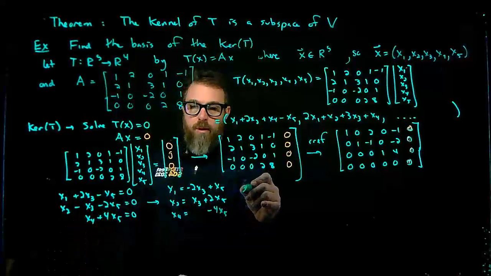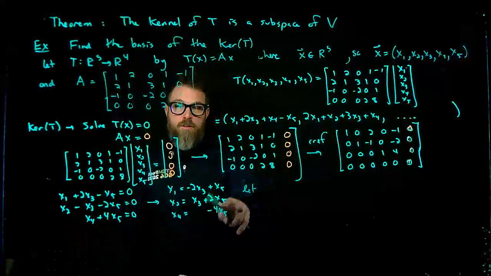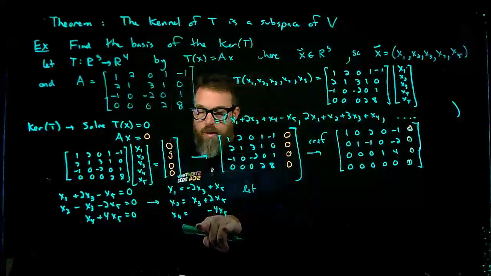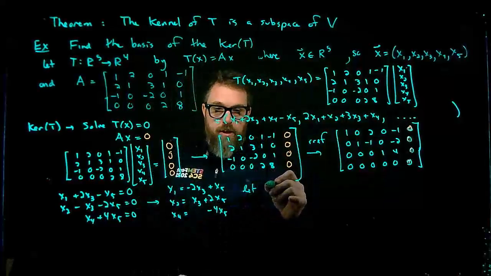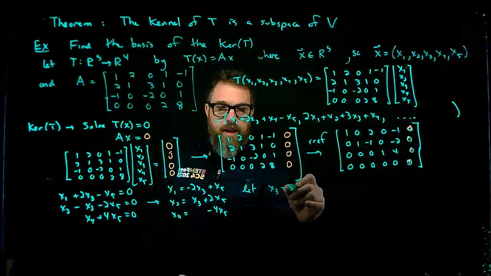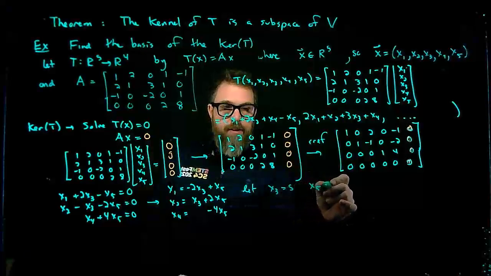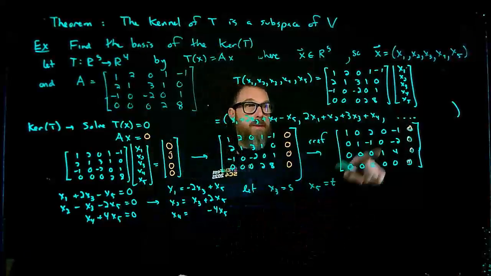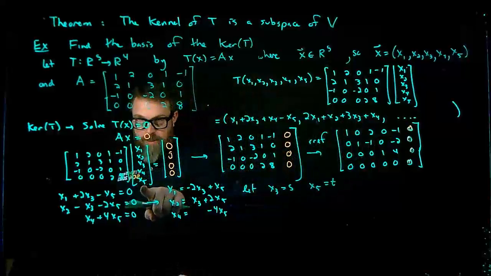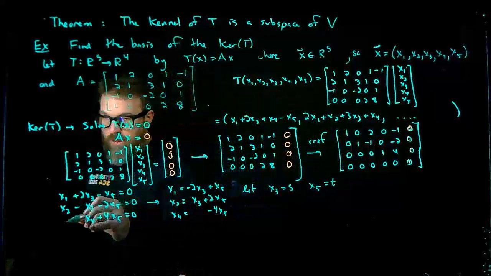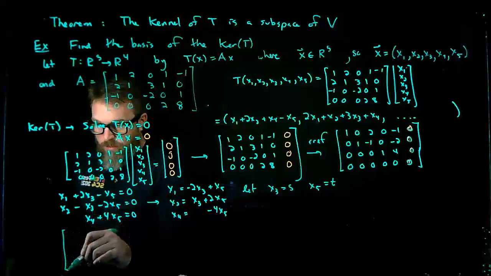So we're going to parameterize this. I can see that this is clearly going to be a plane because I have two parameters, x3 and x5. So let x3 equal s and x5 equal t. Now remember that I'm trying to find this so that we spit out 0. So let's set this up as our input space, or domain space.